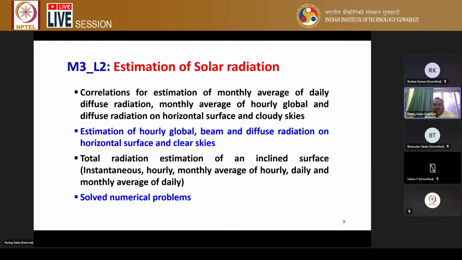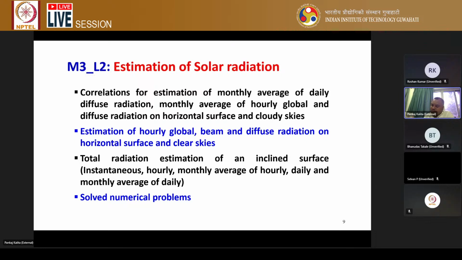Okay, so there are a host of correlations developed by many researchers by considering only beam radiation, precipitation, or meteorological conditions. So different conditions they have considered, and also whether it is cloudy sky or clear sky. Numerous such correlations are available, and we have seen the deviations.